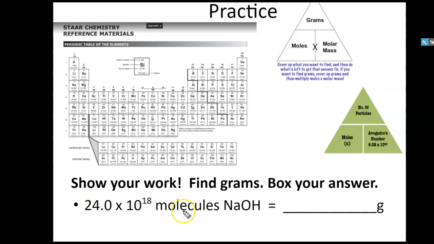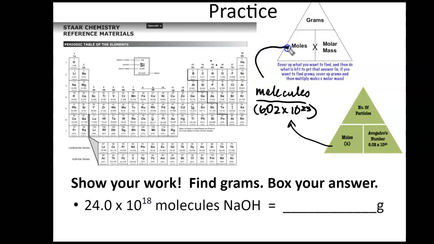So if we have molecules, and we need to find grams, our set of calculations is going to be molecules, which is our particles, divided by Avogadro's number, 6.02 times 10 to the 23. That's going to give us our moles.